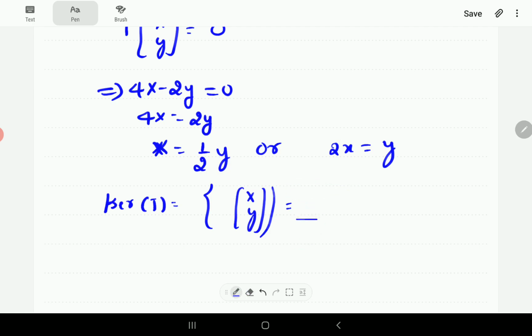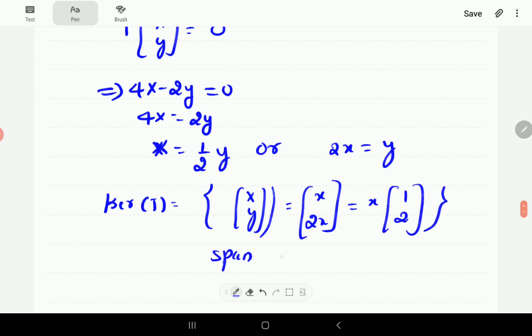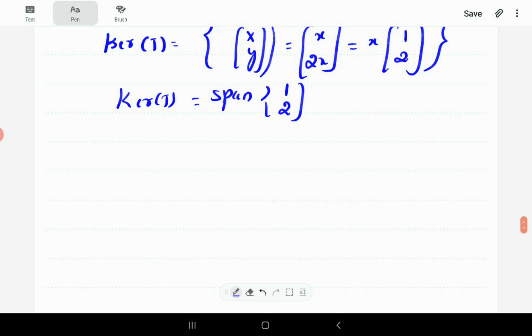If you see, our x is x and y I'm taking as 2x. So if I take x out, it is 1, 2. So simply span of say 1, 2. So this is our kernel of t. Okay. This is another example with respect to the kernel. Okay. Now let us see another example.